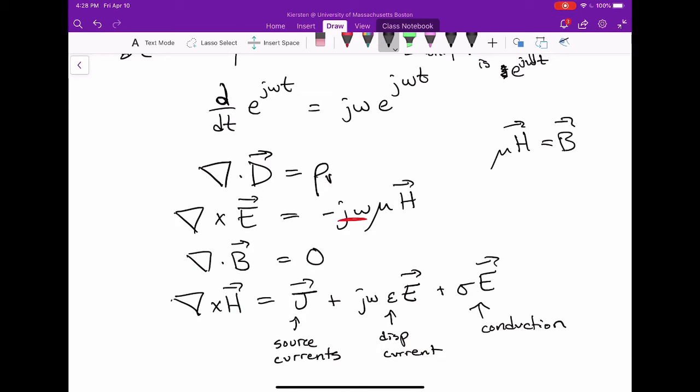So in this situation, the volume charge density here and this current here, those are sources.